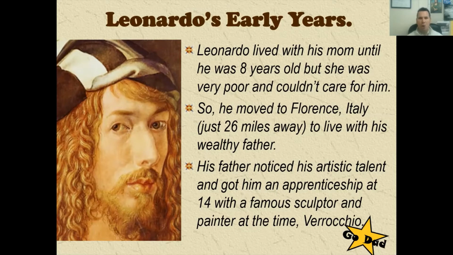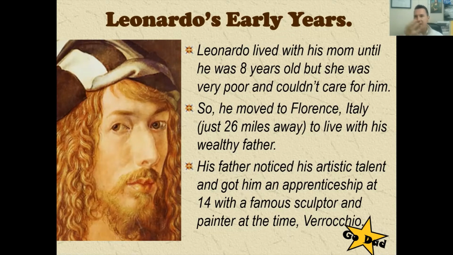Okay, so what does it mean to get him an apprenticeship? All right, so an apprenticeship is sort of a relationship where there's a very famous person, Verrocchio, and then there's someone who wants to learn from that famous person. The person that wants to learn becomes a helper.